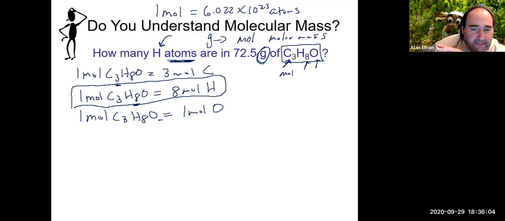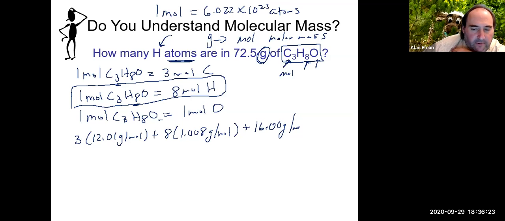So in this case, we need to add up all the parts. So we have 3 carbons at 12.01 grams per mole, plus 8 hydrogens at 1.008 grams per mole from the periodic table, plus 1 oxygen at 16 grams per mole from the periodic table.